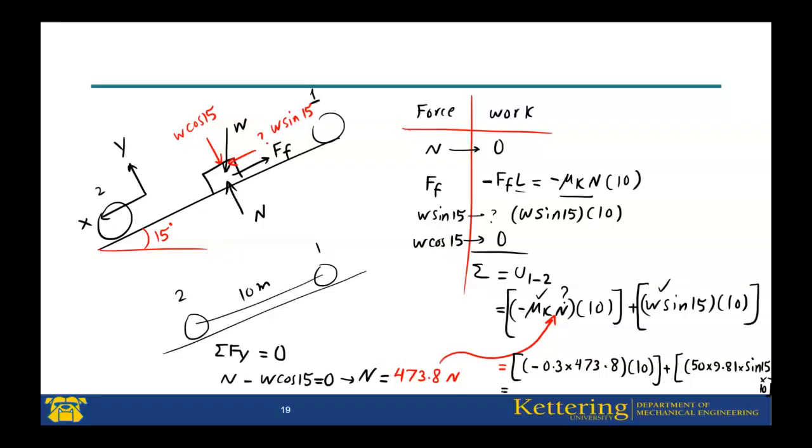Did you calculate? It will be minus 151.9 joules. Joule is the unit.